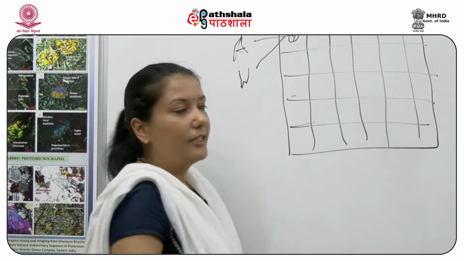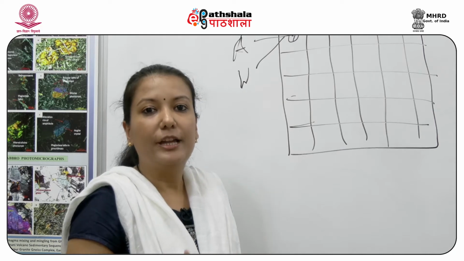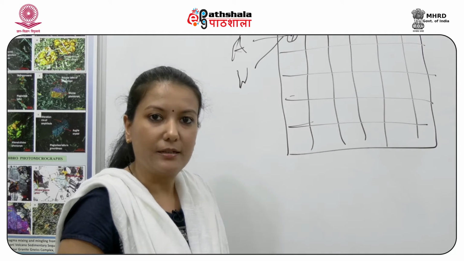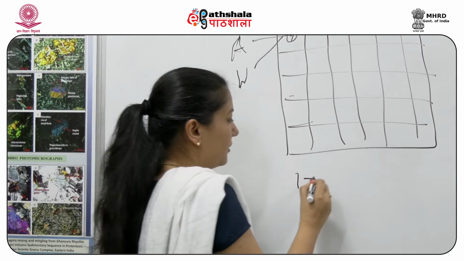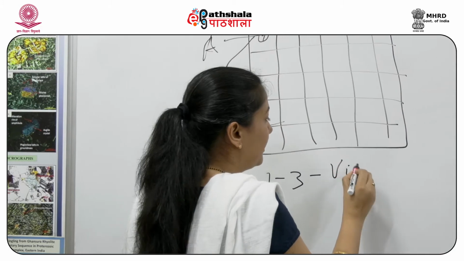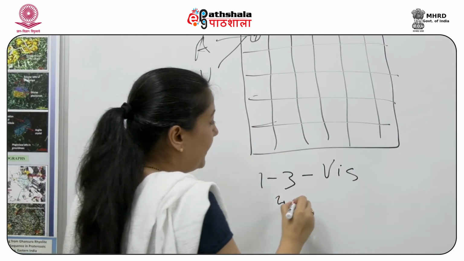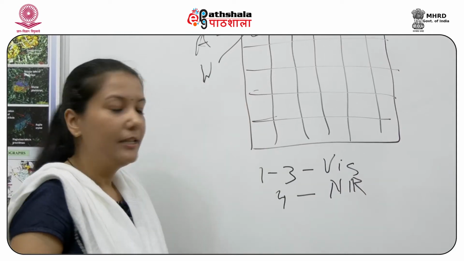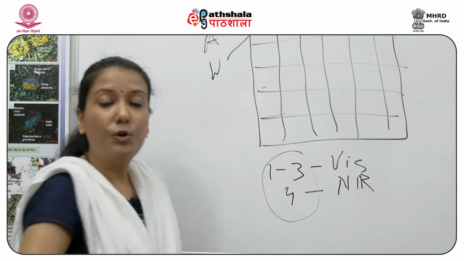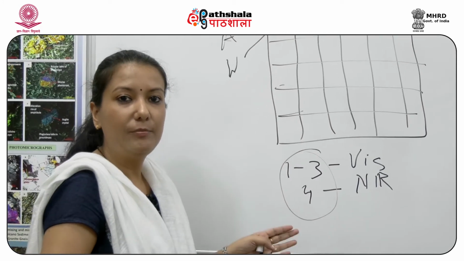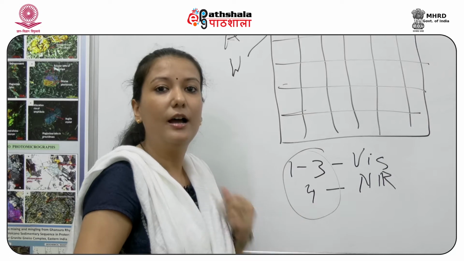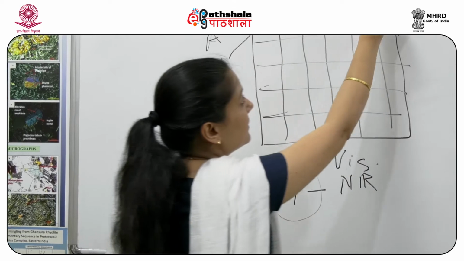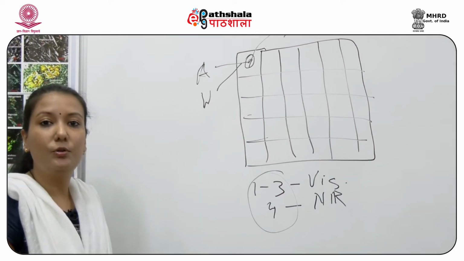How do we do this? The satellite data has at least 3 to 4 bands. The first to third bands represent the visible region of the spectrum, and the fourth band usually represents the NIR, or near infrared band. We usually use these 4 bands for image classification, whether it be supervised or unsupervised image classification. Each of these bands has DN values between 0 to 255.